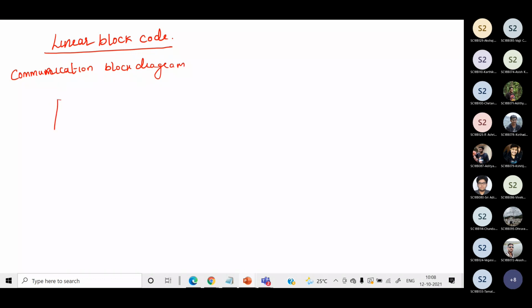One is your binary source. Here the output is ones and zeros. These ones and zeros will be modulated using a digital modulator.